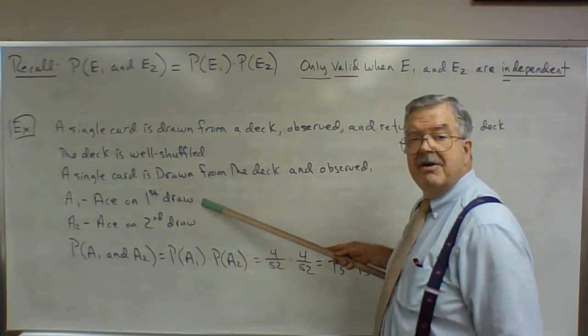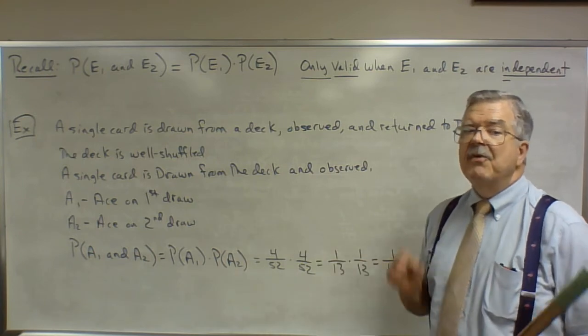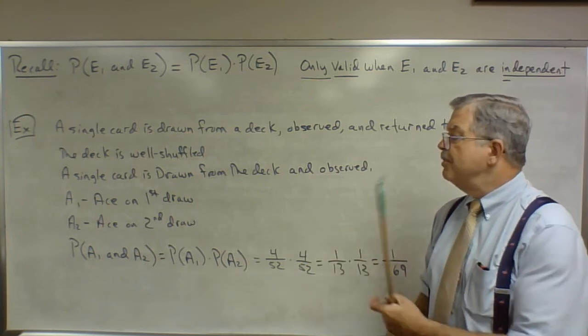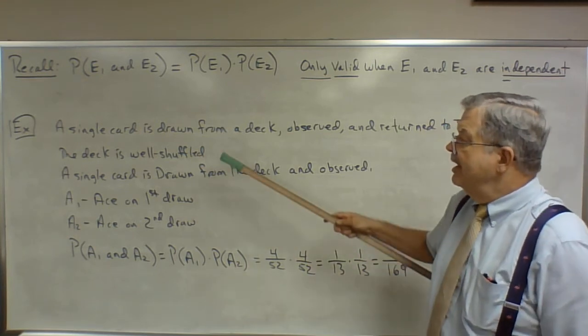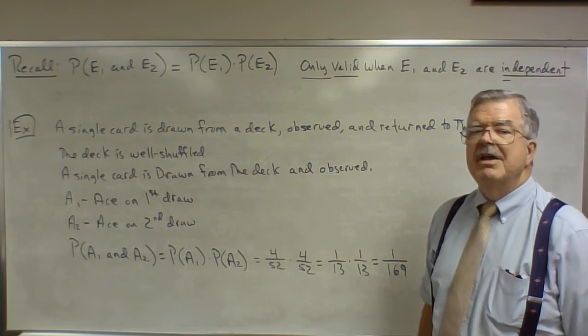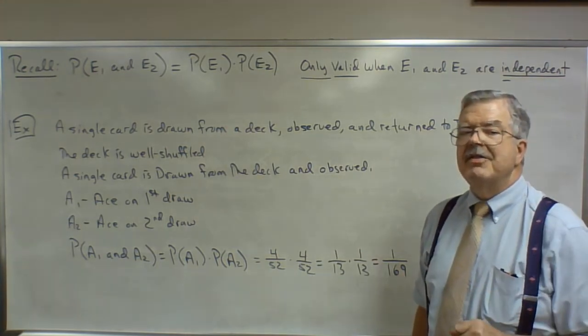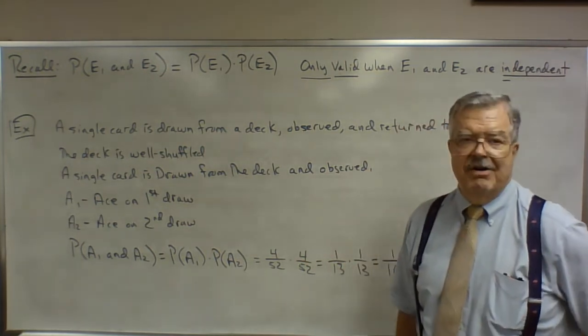We select a card on the first draw and it's an ace. And before we draw the second card, we put the first card back in the deck and reshuffle it. The exercise says the deck is well shuffled so that no one card in the deck is more likely to be drawn on the second draw than any other card.